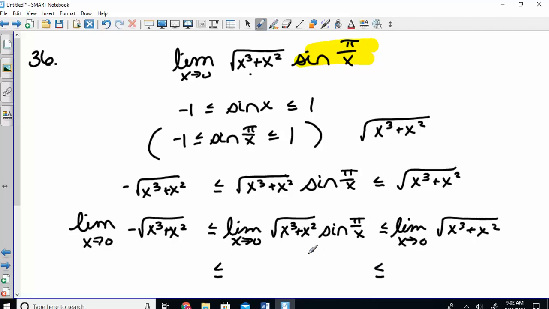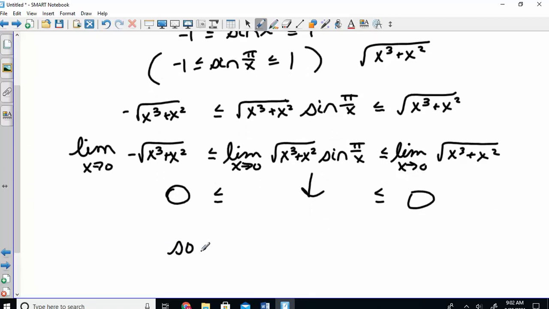So the idea is we can't do this limit in the middle, so you just carry that down. But we do have a limit law that says if you have a radical, you can plug in what's under the radical as long as it's not negative. If I put a 0 in there, I get 0. If I put a 0 in here, I get 0. So that tells me that the thing in the middle has to also equal 0.